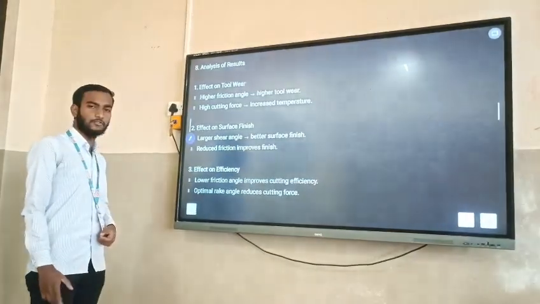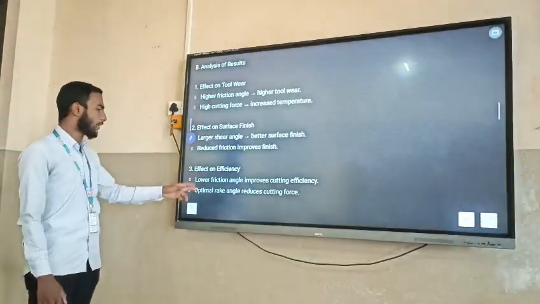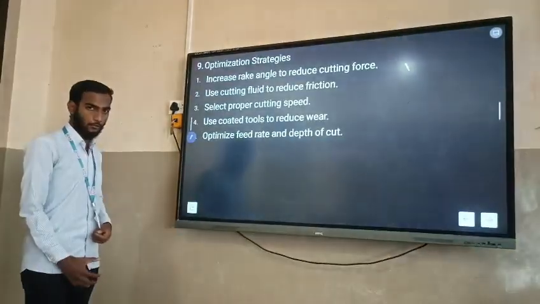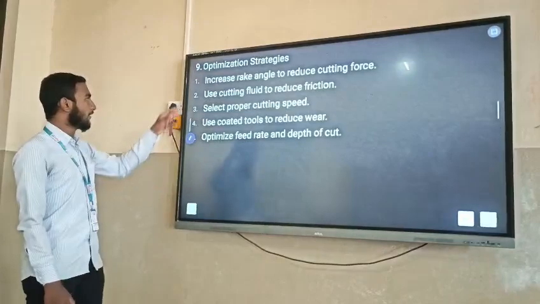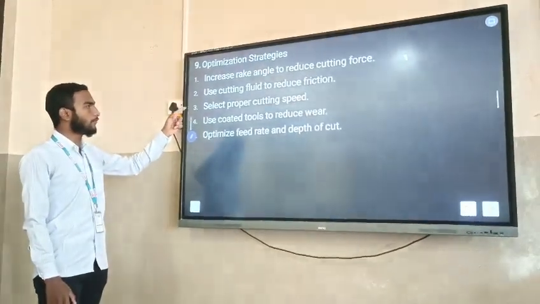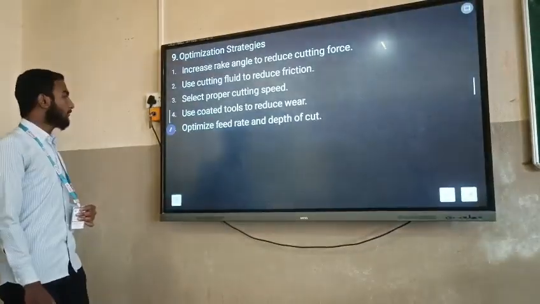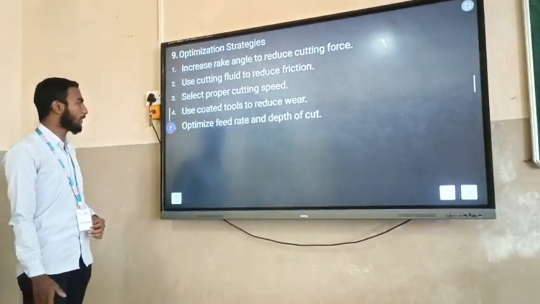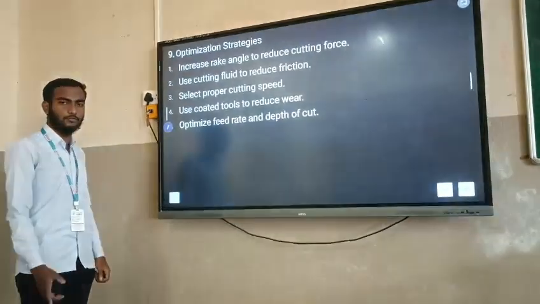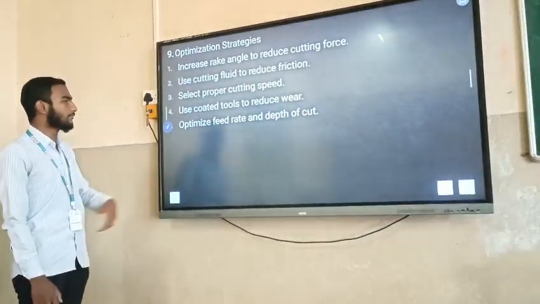A lower friction angle improves the cutting efficiency, and an optimal rake angle reduces cutting force. Now, for optimizing the result, we can increase the rake angle to reduce cutting force, and use cutting fluid to reduce friction, then select the proper cutting speed. The fourth optimization we can do is to use coated tools to reduce the wear and optimize feed rate and depth of cut.